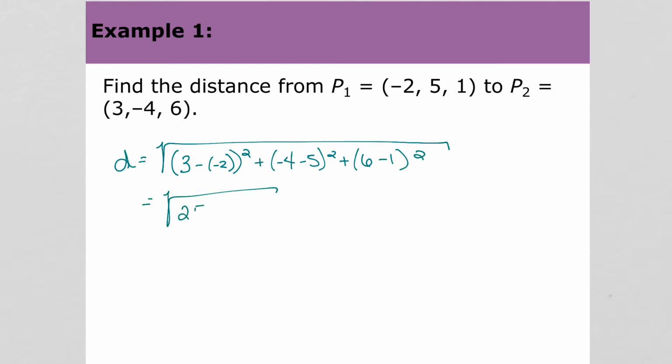That gives us the square root of 25 plus 81 plus 25, which is the square root of 131, which cannot be simplified. And that's it.